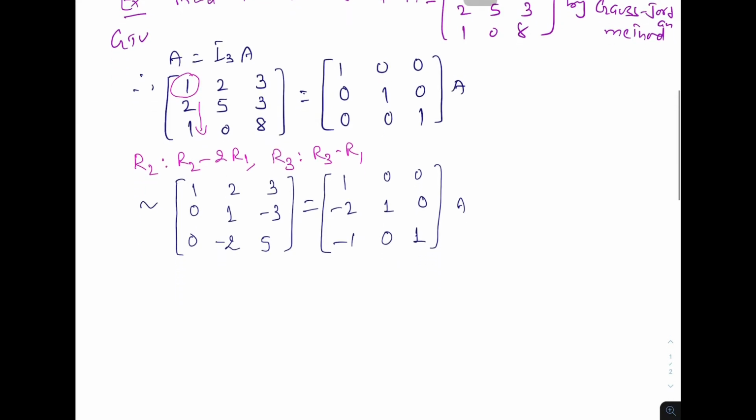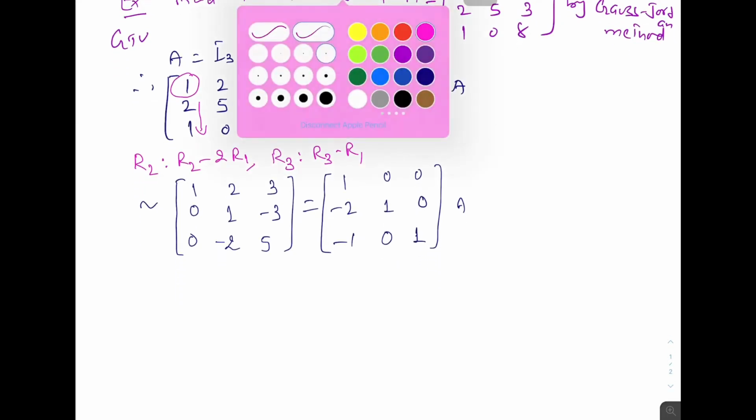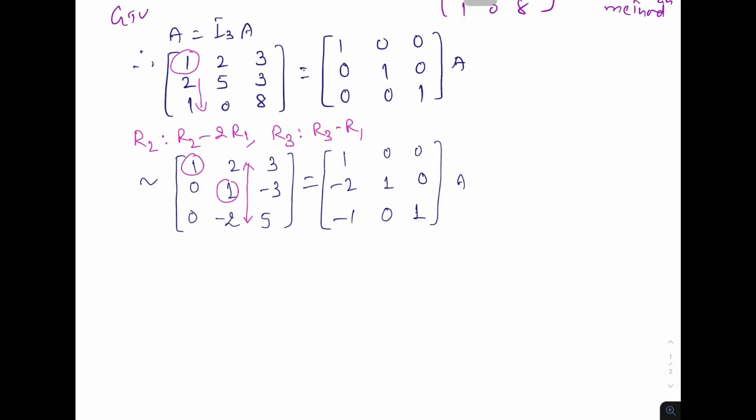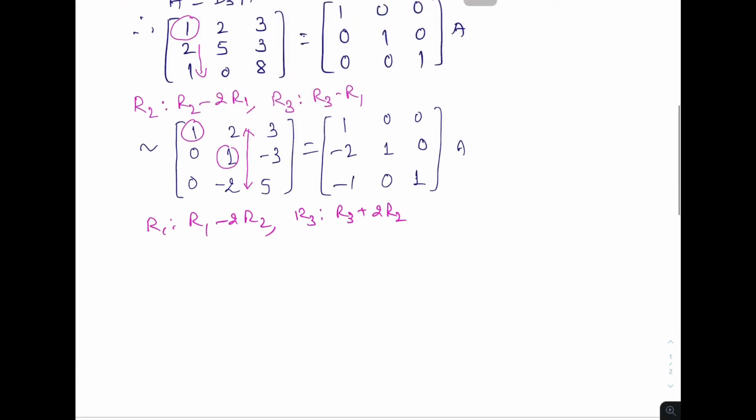Okay. Now fortunately here we are having 1. So make the entry above and below to be 0, because we want to make it into identity matrix. So that means in R1, R1 minus 2R2, and in R3, R3 plus 2R2. Okay.